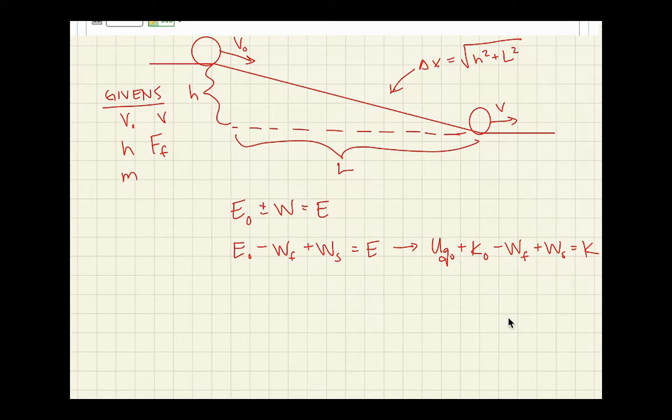Coming back around here, and simplifying or expanding this further, we would have the mass of the student times g times the initial height of the student plus 1/2 the mass of the student times the initial velocity of the student squared minus the force of the friction times delta x plus the force of the student times delta x equals 1/2 mass of the student times the final velocity of the student squared.